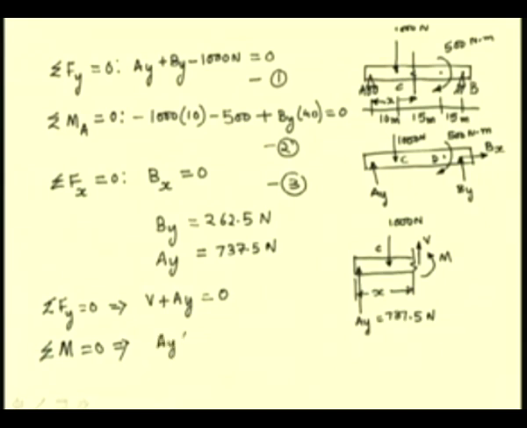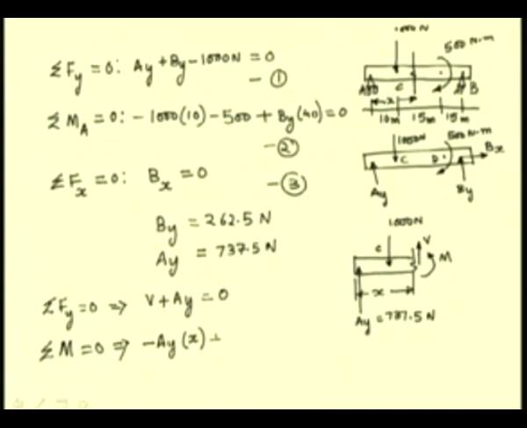So, we have Ay times x, which is a negative moment because this is a clockwise moment about this section, and we have the moment of this 1000 Newton force, which will be counterclockwise about this point.